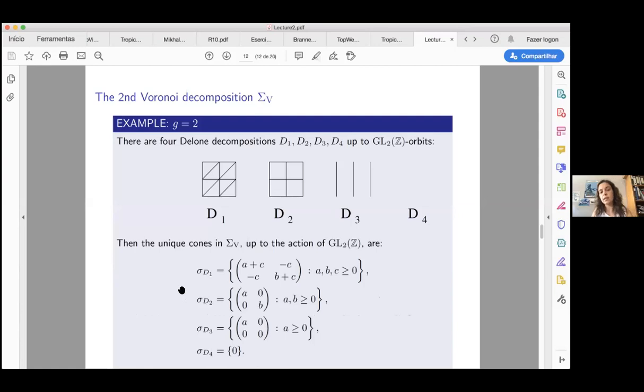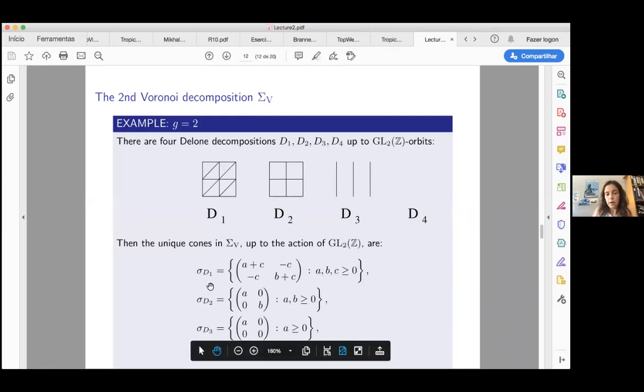All right, so again, we have the example in dimension 2. So these are the possible Delone decompositions. Maybe the person who asked the question will recognize these pictures. So these are the possible Delone decompositions of R^2. We have four of them, and these are associated to the cones in Omega^2 rational. As you remember, for g equal 2 they actually coincide.